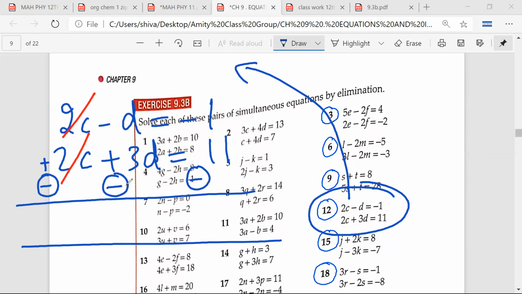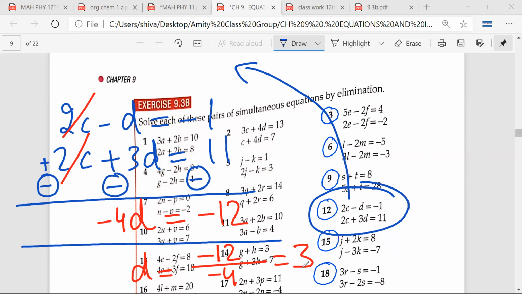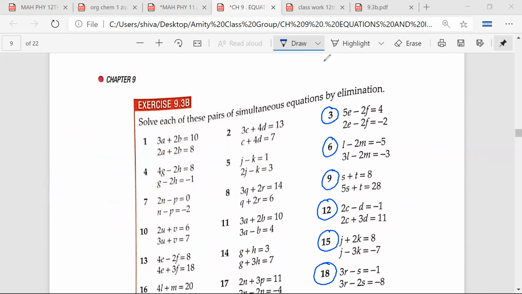Minus D minus 3D is minus 4D. Minus 1 minus 11 is equal to minus 12. D is equal to minus 12 upon minus 4, which is equal to 3. So Sanvi, any doubt? No, sir. Okay.